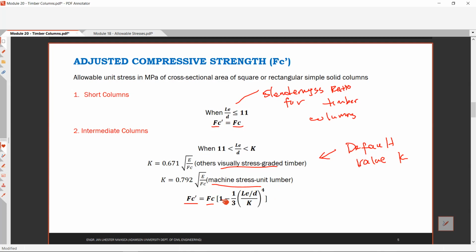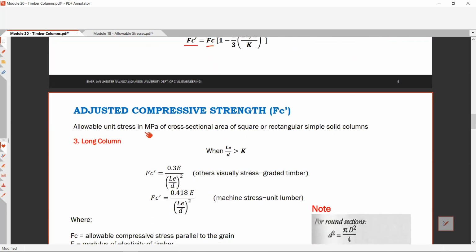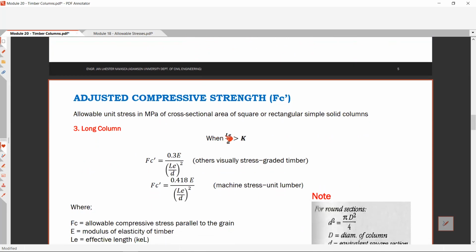Okay, next scenario: what if your column is a long column? When your LE over D, or your slenderness ratio, is greater than K, your formula is given by this one. This is also the default value if not given.